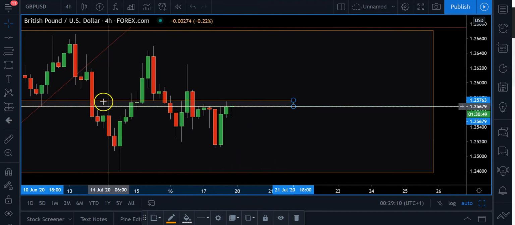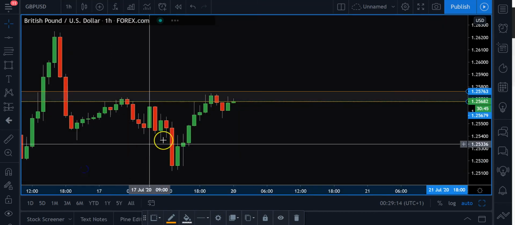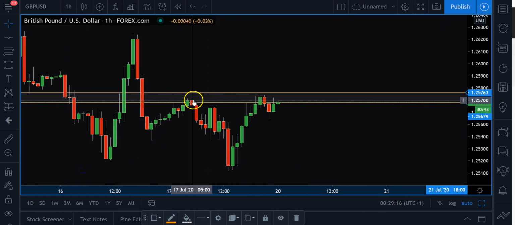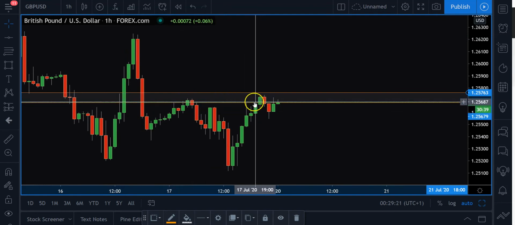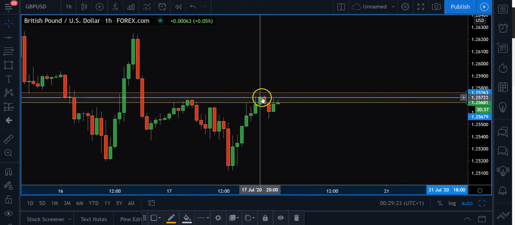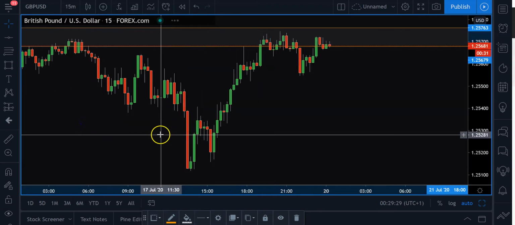What we can do is go down another time frame to actually see clearly what's going on. As you can see, this is where it's actually having trouble pushing through. We go down to the 15-minute.